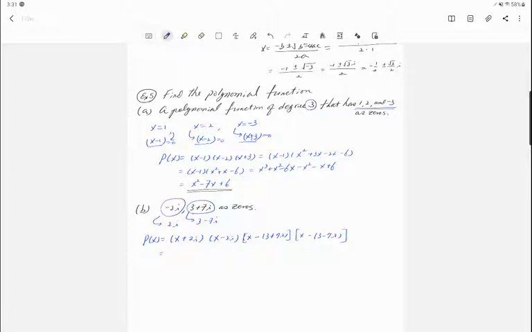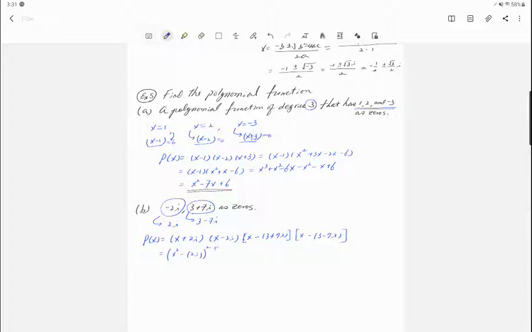So the first one: x times x, this will take a lot of time. This is a squared minus b squared, so x squared minus 2i squared. Sorry, I squared becomes negative 1, so it will be x squared plus 4.